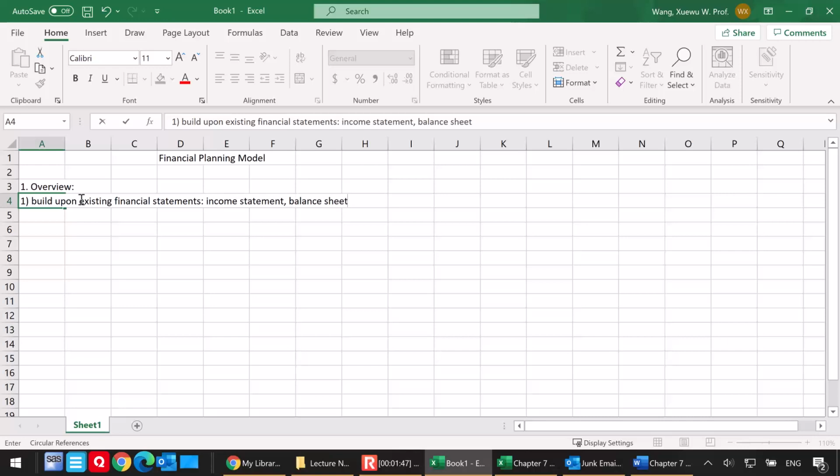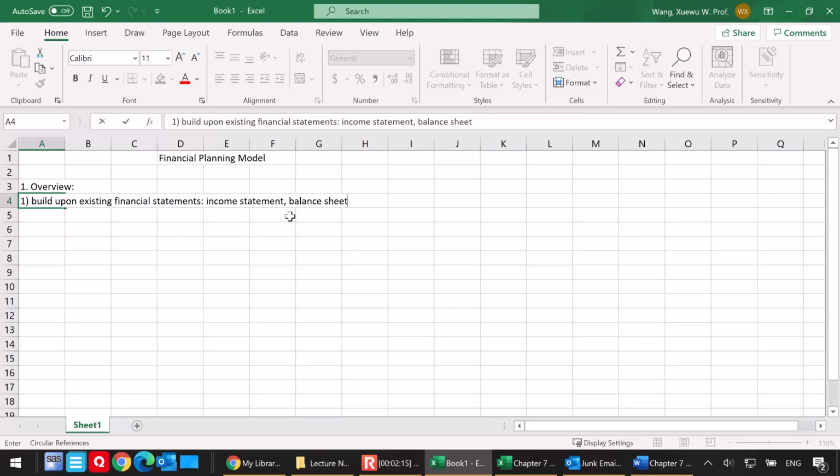These are the two major financial statements we are going to use. Some of you also think of the cash flow statement, or statement of cash flows. But we are finance people. We're going to build our own cash flow statement and use that to value the firm. So, income statement, balance sheet.